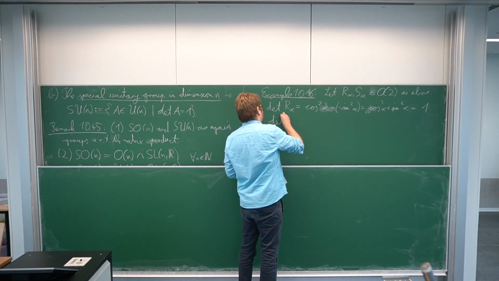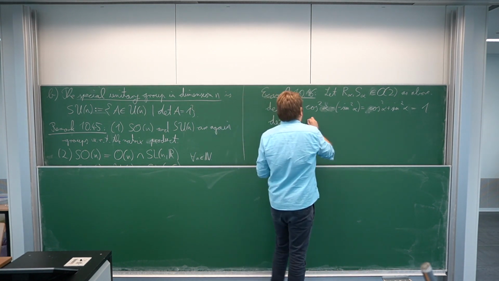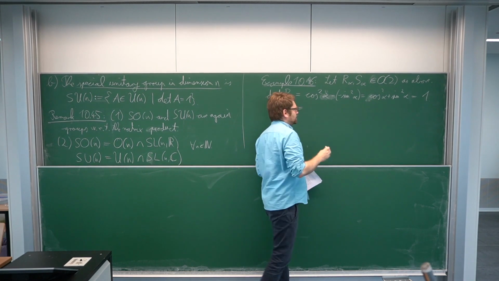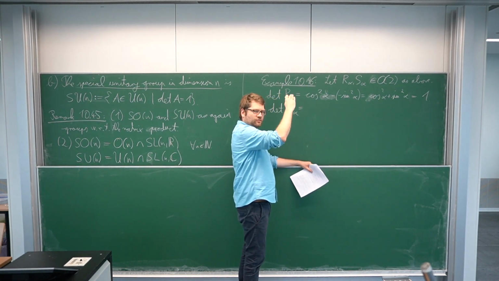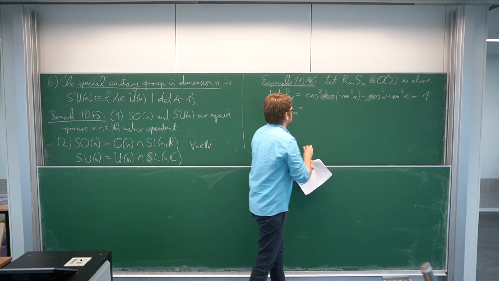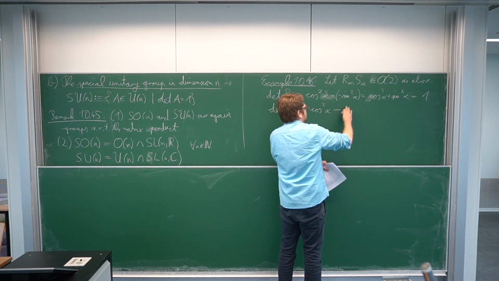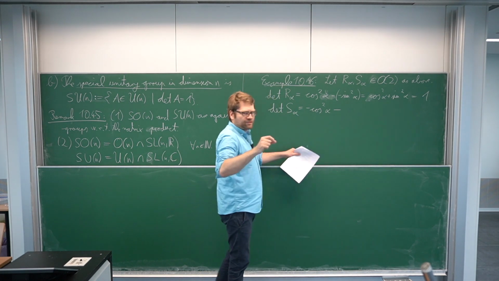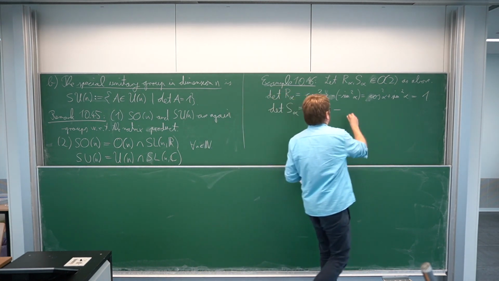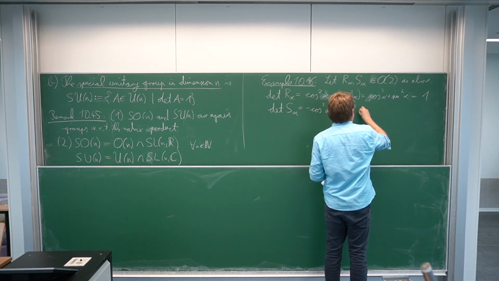And for the reflections, this time we had the minus on the diagonal. We had cosine in the top left corner, and in the bottom right it was minus cosine. So here we get minus cosine squared alpha, minus, and this time both other entries were sine alpha, so we just get minus sine squared alpha.